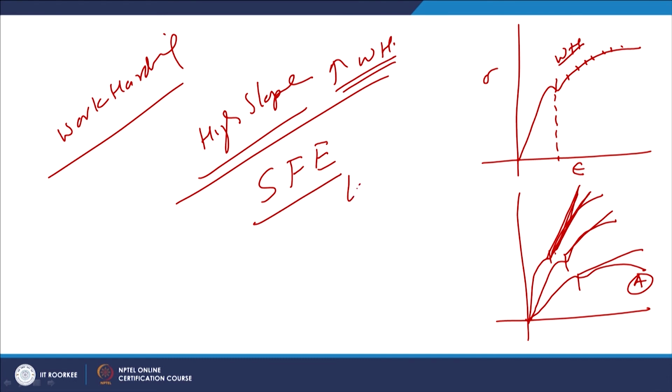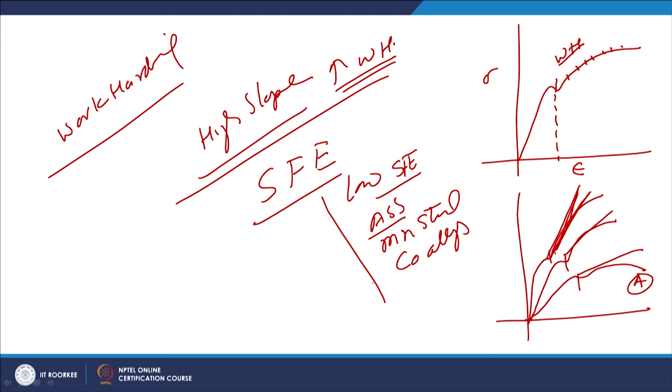Materials having low stacking fault energy, low SFE, like austenitic stainless steel, high manganese steel, and cobalt alloys, when subjected to deformation, work harden rapidly and show a significant increase in hardness.